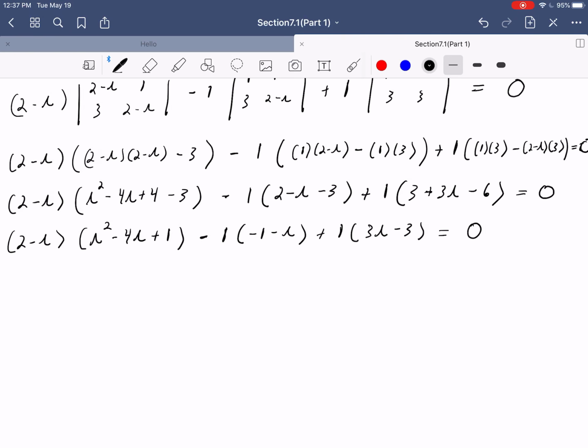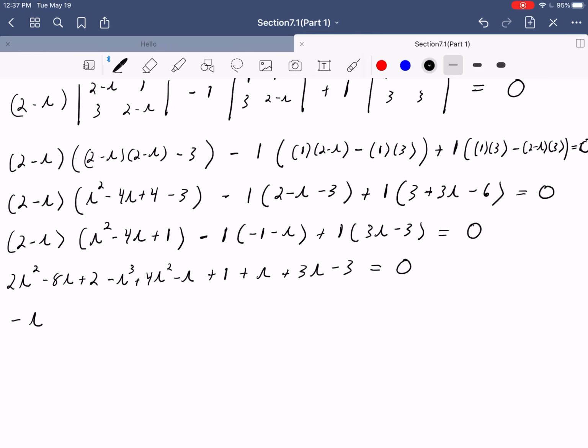Okay, now we'll go ahead and multiply these things out. So it looks like we should get 2 lambda squared minus 8 lambda plus 2 minus lambda cubed plus 4 lambda squared minus lambda plus 1 plus lambda plus 3 lambda minus 3 equals 0.